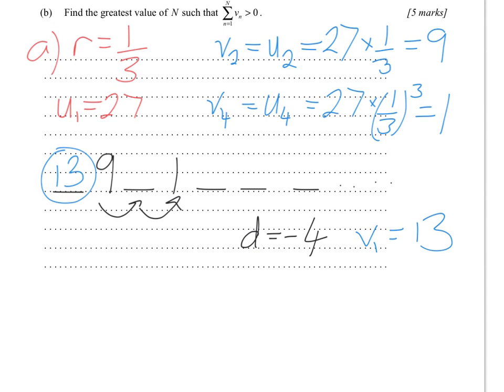Now it's possible to solve part B sort of explicitly just by adding up 13, add 9, add, well, the next number would be 5, add 1, add -3, add -7, add -11. And if you added up those 7 terms, you'd find the answer is positive.